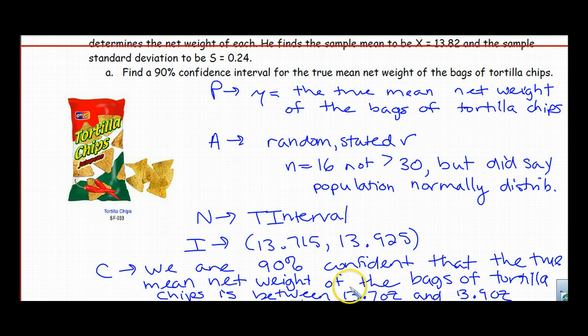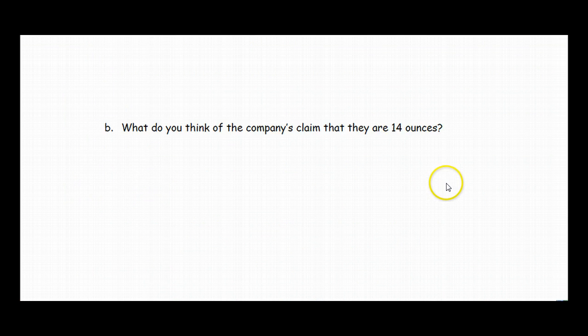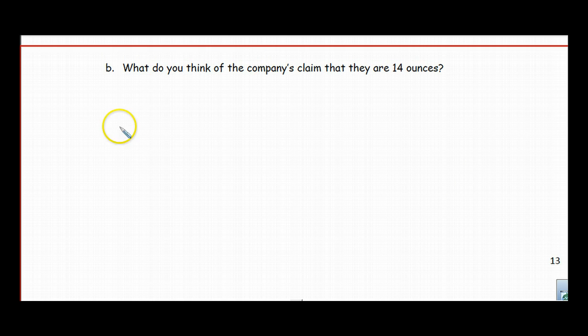All right, so we've done the PANIC, we've done the confidence interval for what we think: if we were to take every tortilla chip bag, it would have a true average somewhere between these two numbers. Now let's look at part B. What do you think of the company's claim that they're 14 ounces? Well, there's a couple things that we could say here.